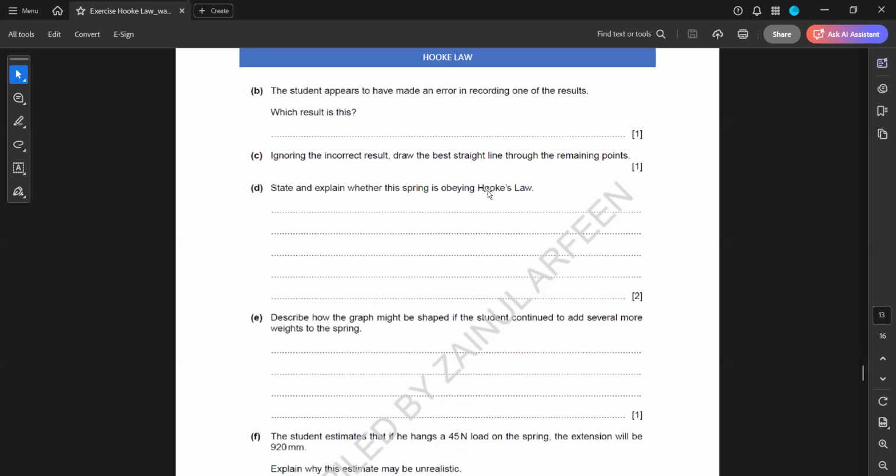Okay. I have a question. Yes. In part D, sir, can I write in the justification that the extension is directly proportional to the force applied to it, instead of that the straight line is passing through the origin? No, because the question was related to the graph, as you can see. State and explain whether the spring is obeying Hooke's law. So how can you identify a spring obeying Hooke's law?